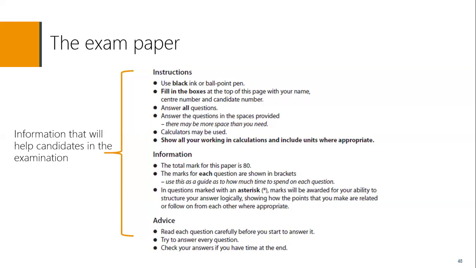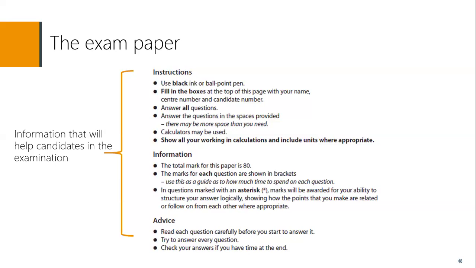Then we get the instructions on the exam paper and the information. Again, you should have made them very familiar with this, but it is still worth getting them to check it.